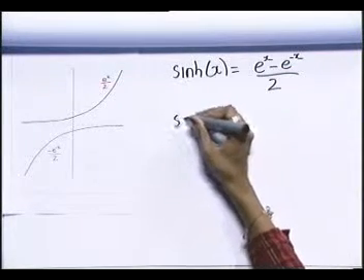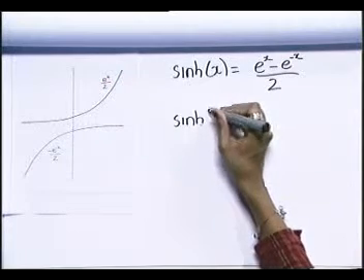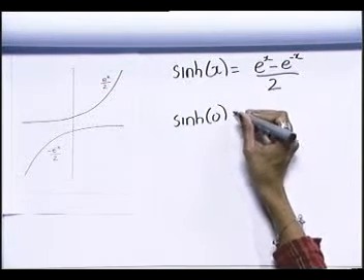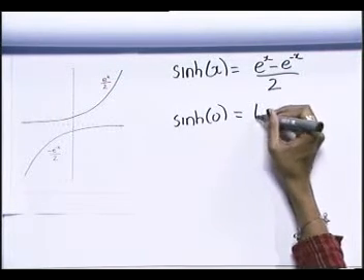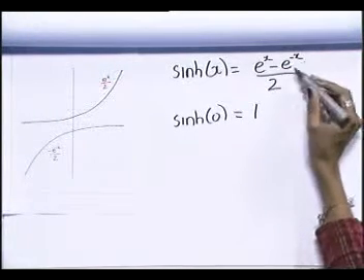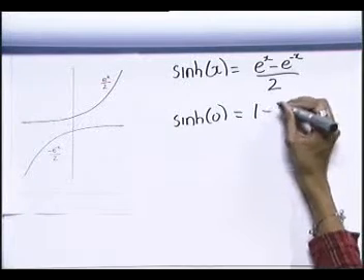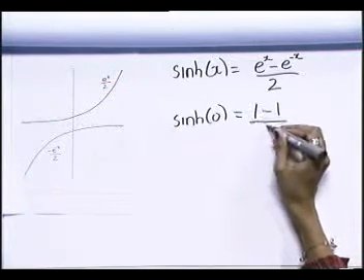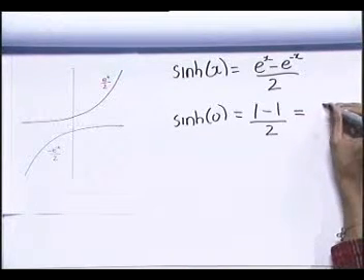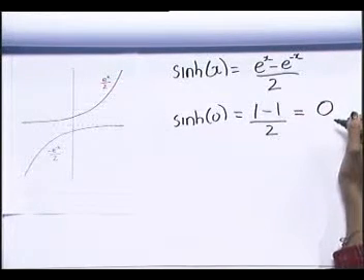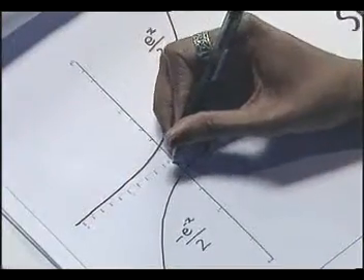So shine of 0 is e to the 0, which is 1, minus e to the 0, which is 1, all over 2. So that's 0 over 2, which is 0. Right, so we can plot that point onto our graph at 0, 0.